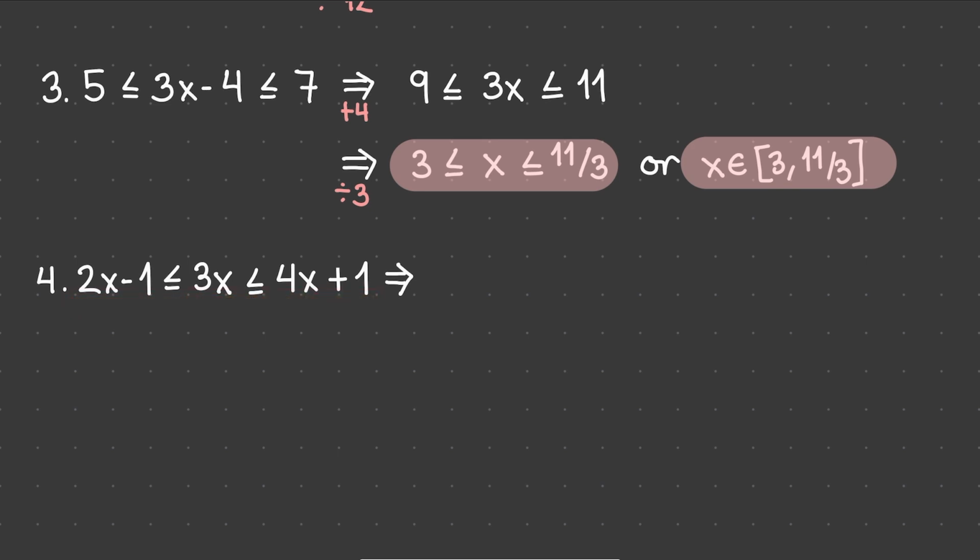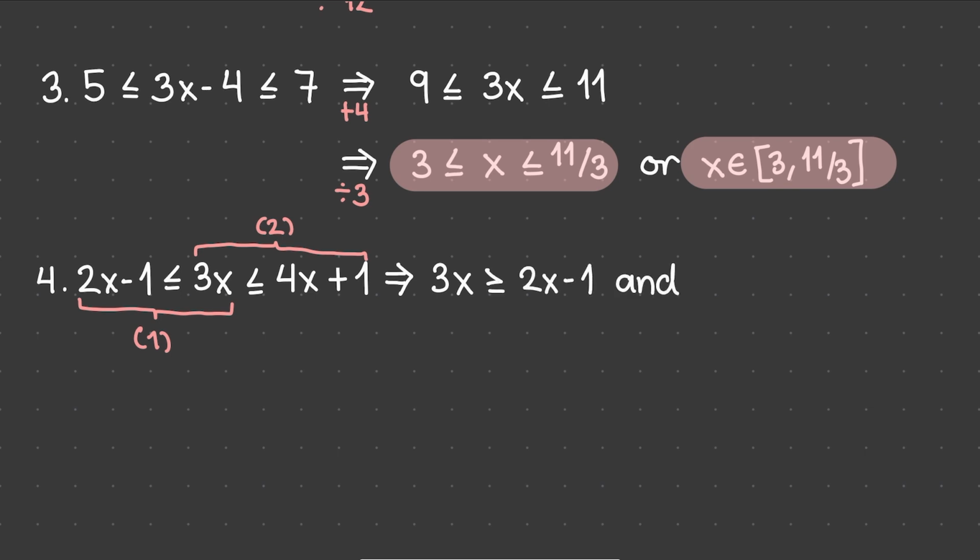So let's put a mark out there. This one will be the first inequality, and this one out here will be the second inequality. So doing that, we will have here 3x greater than or equal to 2x minus 1 and 3x less than or equal to 4x plus 1.